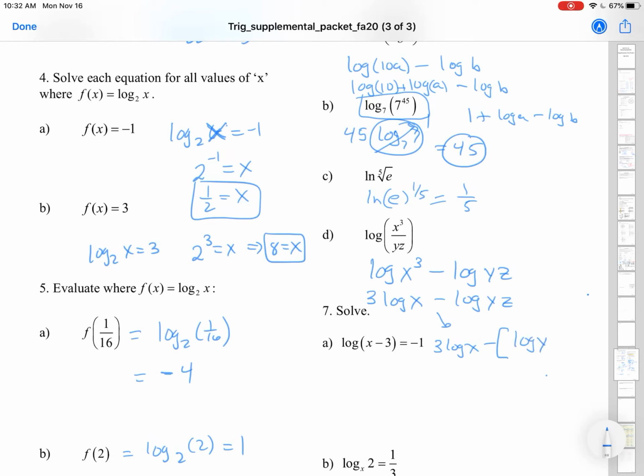This is definitely log of y plus log of z, but the whole thing's being subtracted. So when you see it in the back of the book, it's going to look like this. Minus log y minus log z. Right? Everything on the bottom is negative, if you remember. Everything on the top is positive. You can get to these really, really easily.